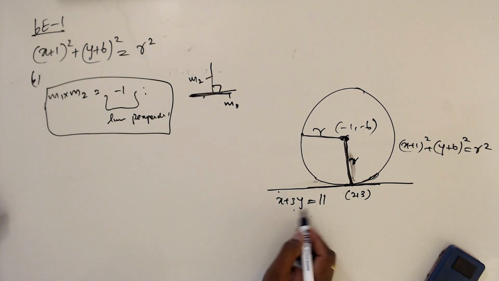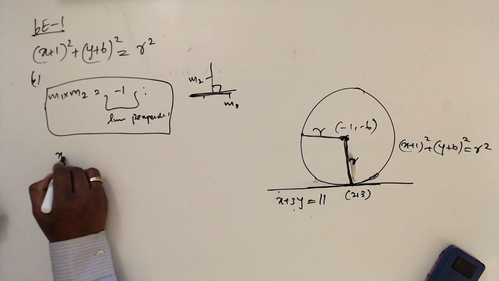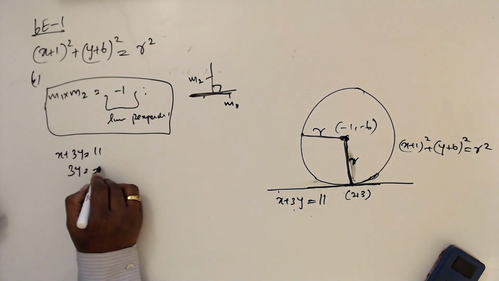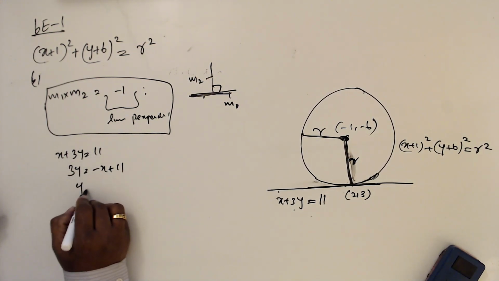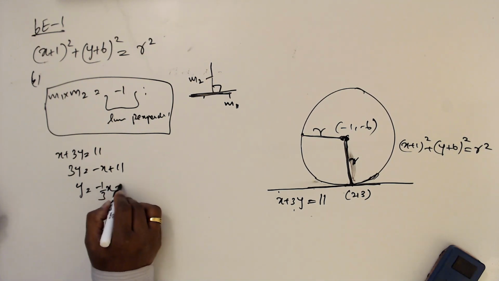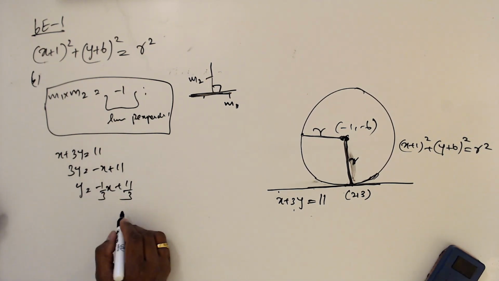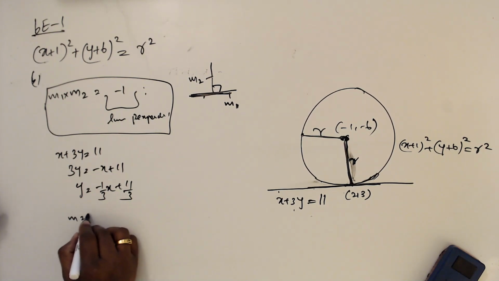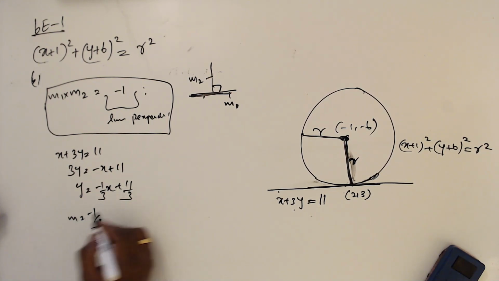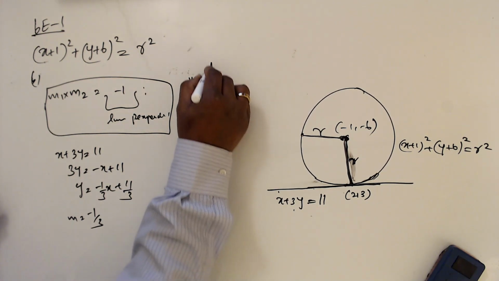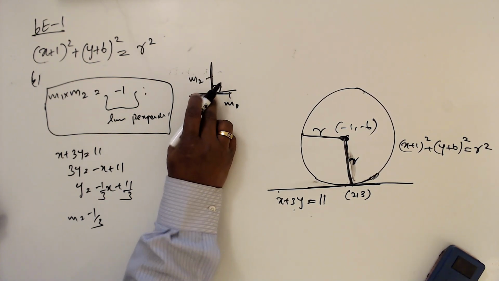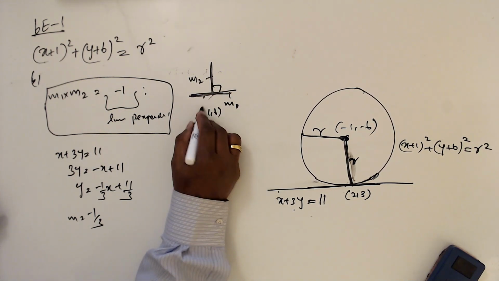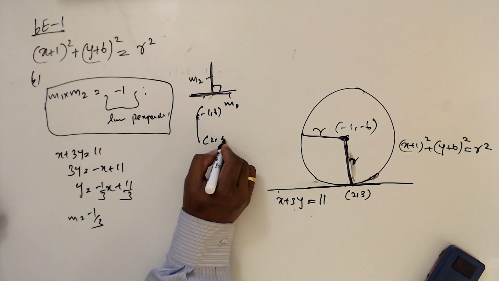Yeah, the equation is given, we can find it. x plus 3y equals 11, 3y equals minus x plus 11, y equals minus 1 third x plus 11 over 3. I divide by 3. So this gradient is minus 1 third. Now what is this gradient? So we have to find it. This is (-1, -6) and this is (2, 3).